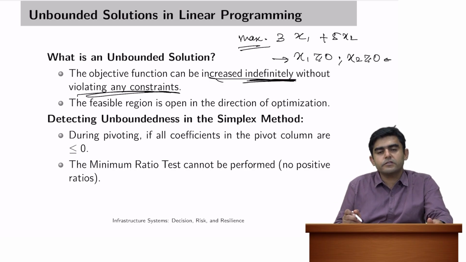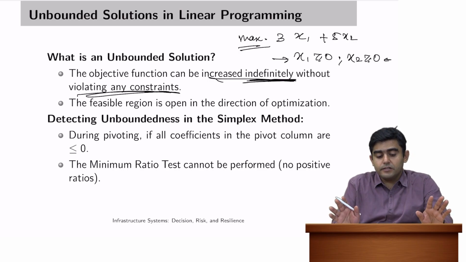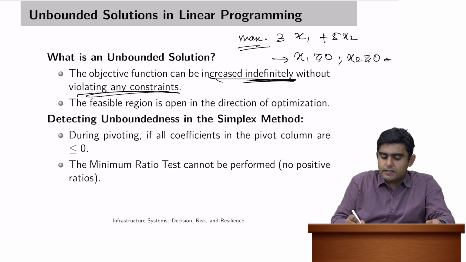We may have other such situations also where constraints are listed, but they are not preventing your solution from scaling all the way up to infinity. So rather than preventing it, understand unboundedness as not limiting your objective function to grow if it's a maximization problem, or diminish if it's a minimization problem. What happens is that we detect the unboundedness when we find that all coefficients in the pivot column are less than or equal to 0.